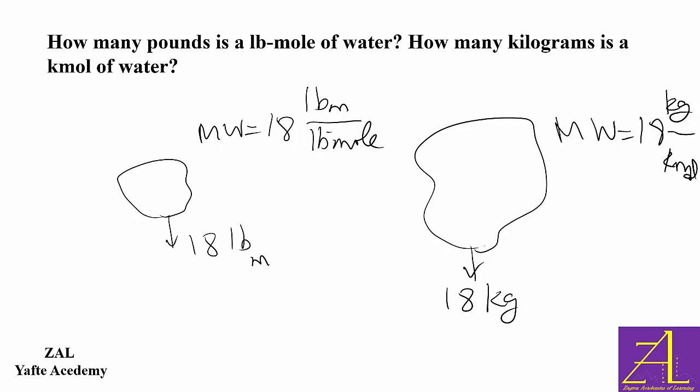So you see that the number for molecular weight is the same, only the units are different because we are talking about different piles. That is why in tables, when you look up the molecular weight, for example, for water, it just gives you 18 without any units, and that's up to you what kind of units you will use depending on the problem you're solving.